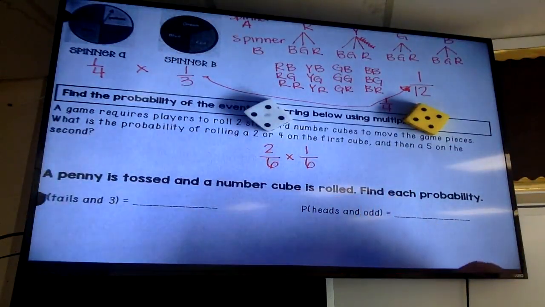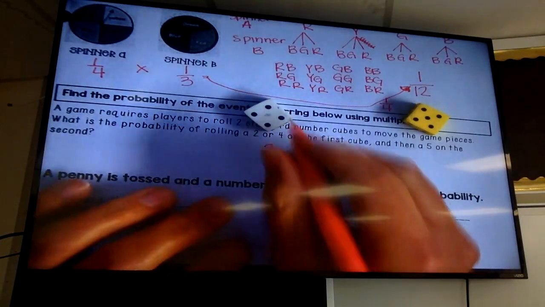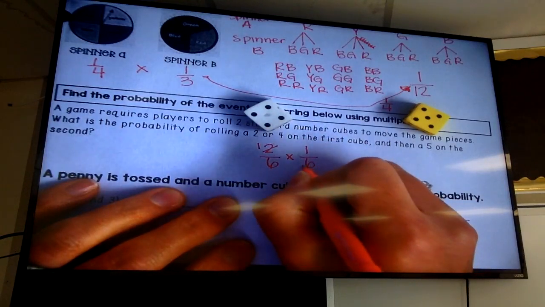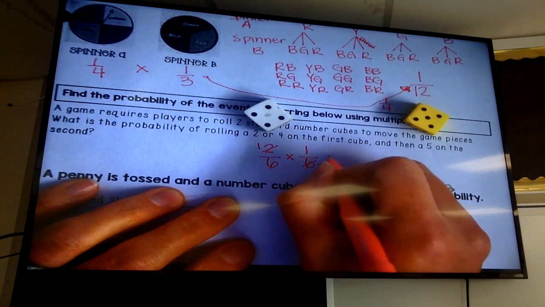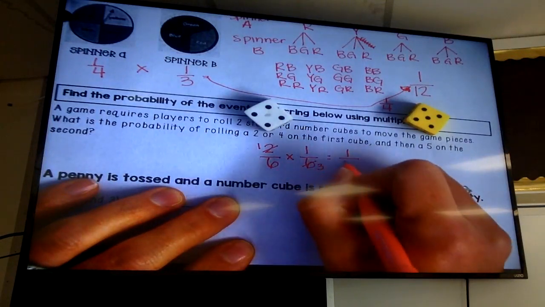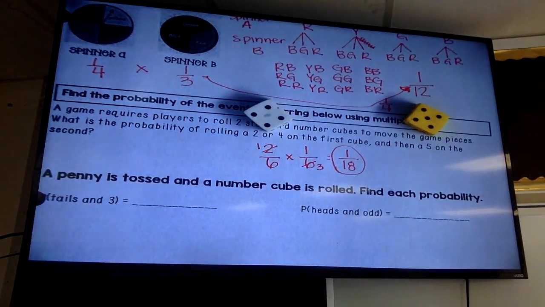Now, you can use your calculator to help you, and your calculator should put your answer in simplest form, or simplify first. 2 can go into 2 one time, and 2 can go into 6 3 times, and then we multiply across. So 1 times 1 is 1, and 6 times 3 is 18. It's probably actually faster to do it like that because it's pretty simple math. So 1 out of every 18 times I roll my dice, should I get a 2 or 4 on one of them, and a 5 on the second.